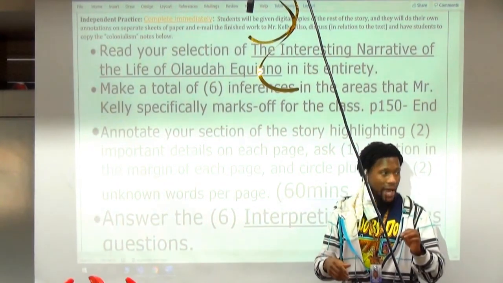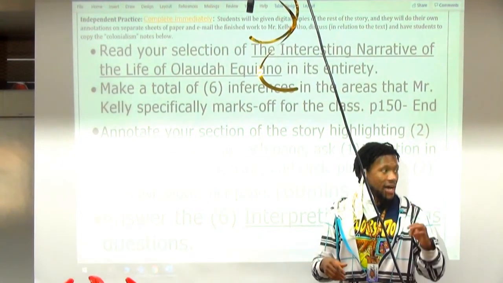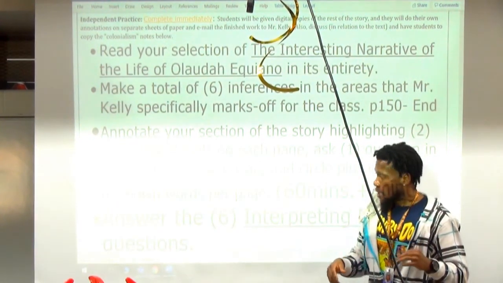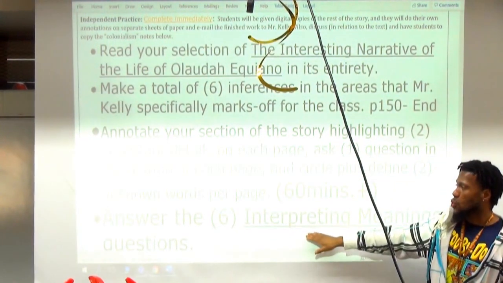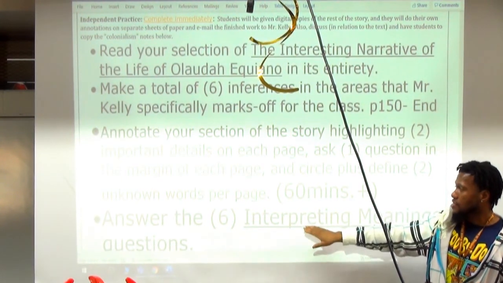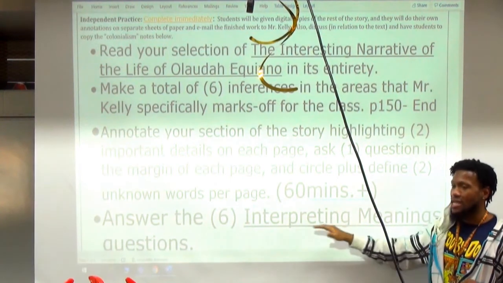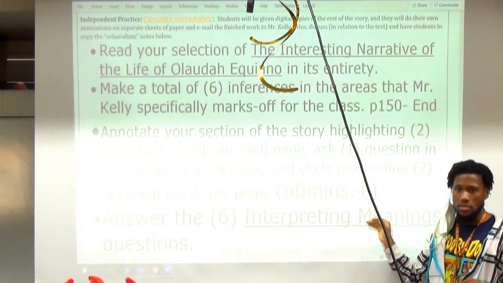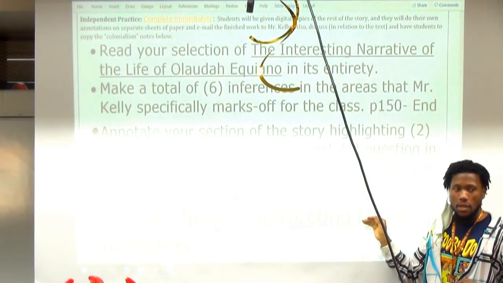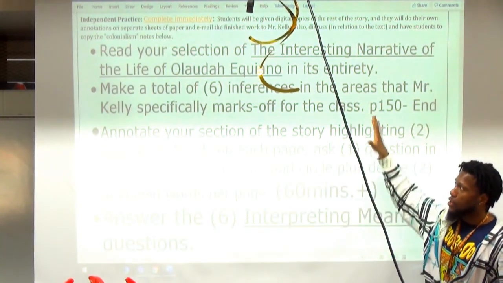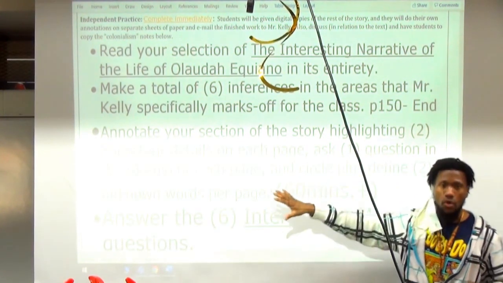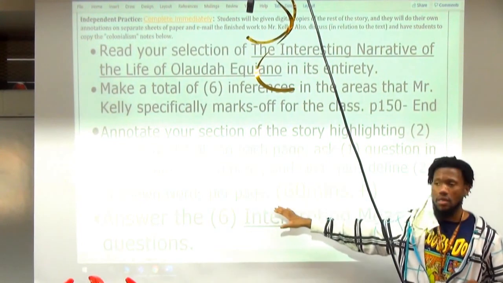You're not just going to write them down, you're going to actually define them. And then you will see on page 155, there are 6 questions called interpreting meaning, and you're going to answer those 6 interpreting meaning questions. So that's what we're working on all next week. Any questions on any of that?